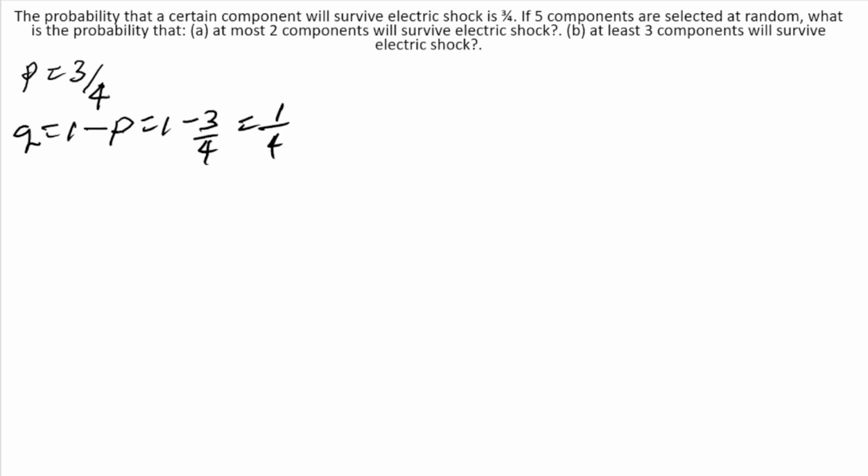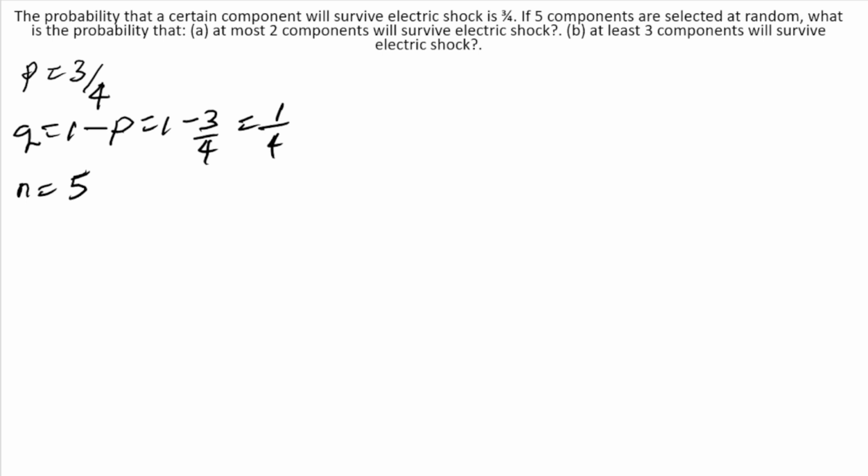Now the next line is, if 5 components are selected at random, that is, the n there is 5. Now they said, what is the probability that at most 2? When they talk about the words at most, what do they mean? At most means from 2 downward. You're starting from 2.